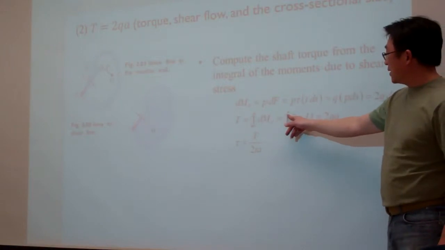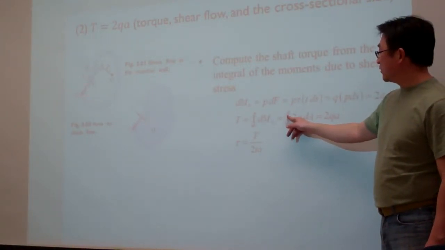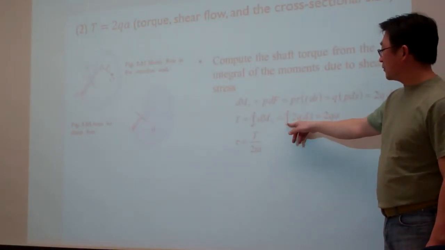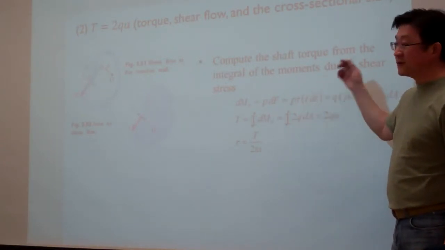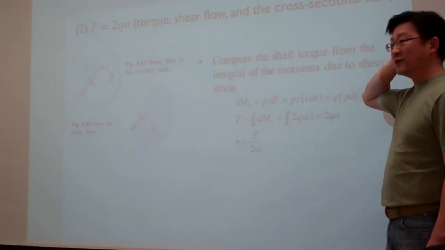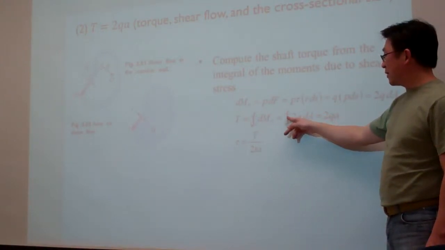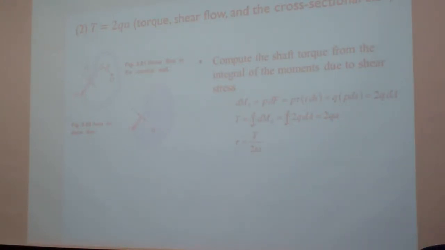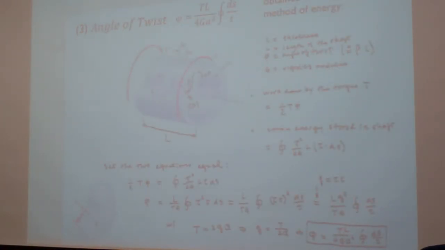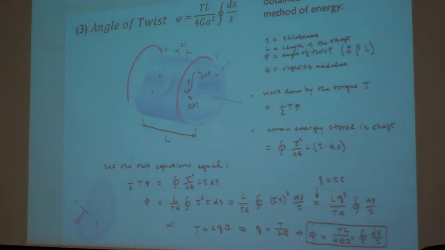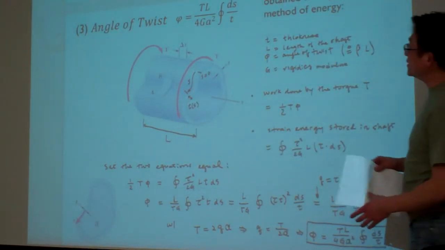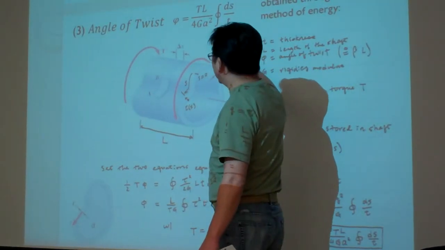Sorry, here is supposed to be a circle for the line integral, because I use different software called MathType. I didn't use Microsoft Office, so here it gives a slightly weird symbol. The third one, the angle of twist, is the third property.